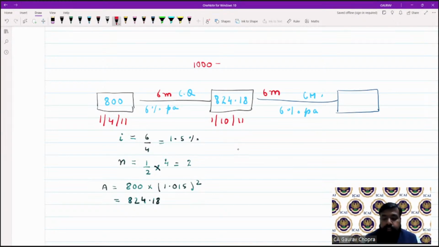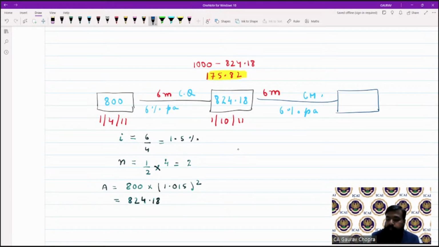So 1000 minus 824.18. Therefore he has to invest 175.82 rupees more, so that it will become 1000. So now he has invested rupees 1000.